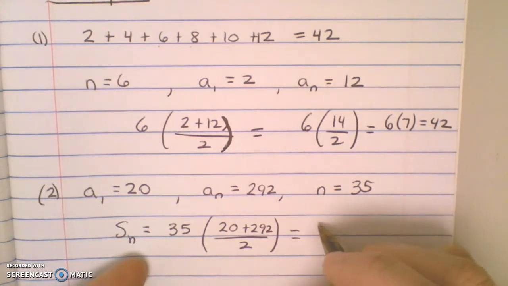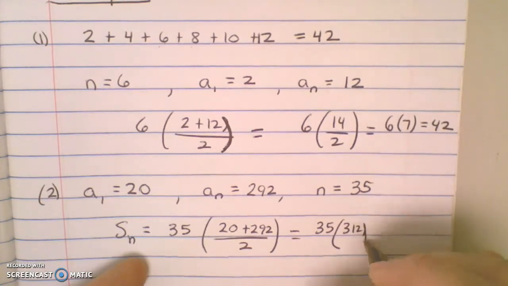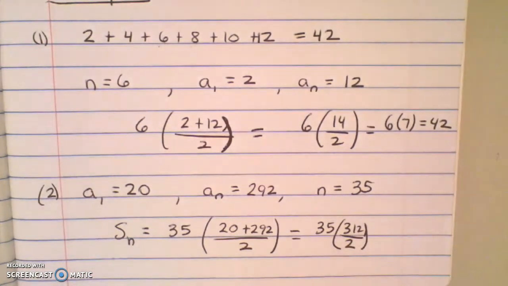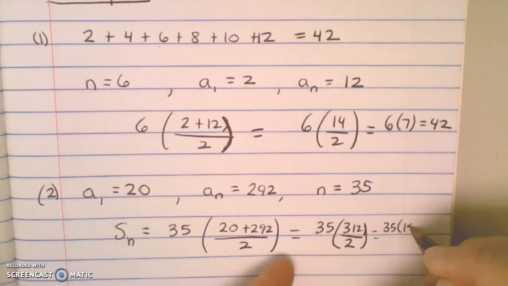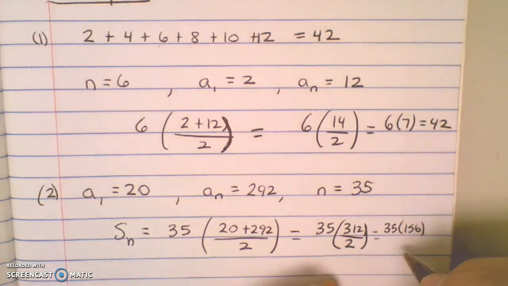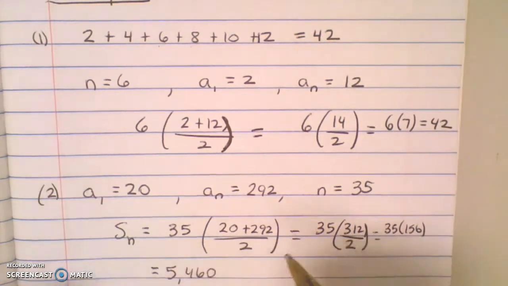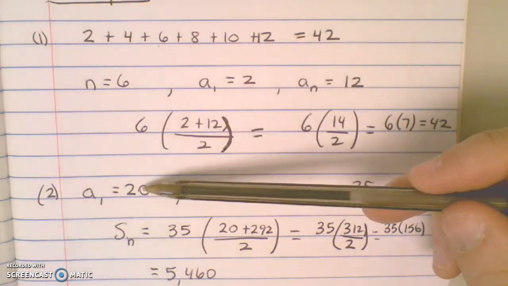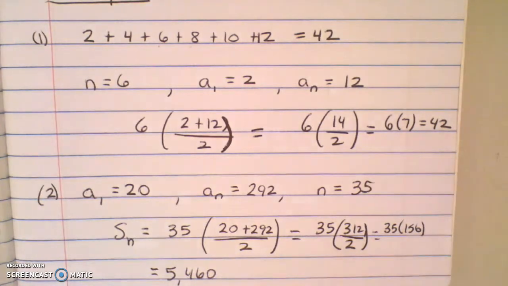So I have 35 times 312 divided by 2. 312 divided by 2 is 156. So I have 35 times 156. And when you multiply those, you get 5,460. So the sum of all the numbers between 20 to 292 in this sequence from 1 to 35 is 5,460.